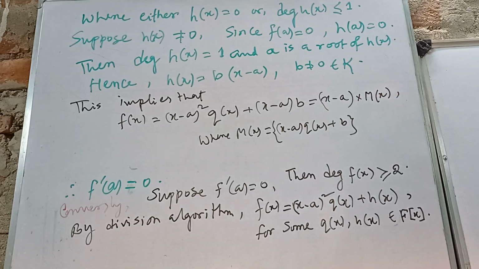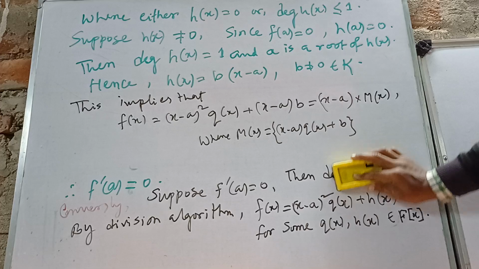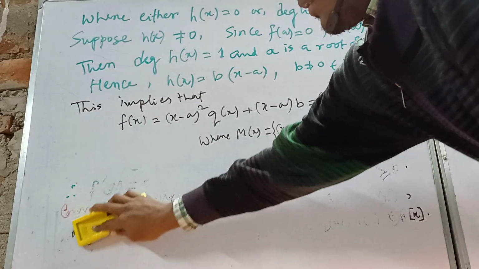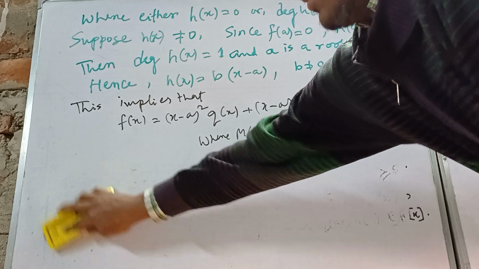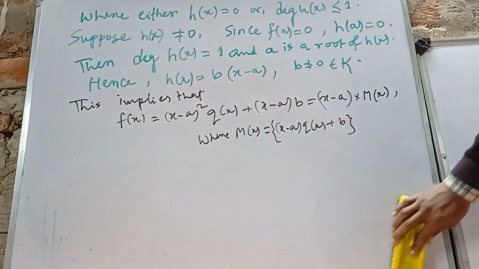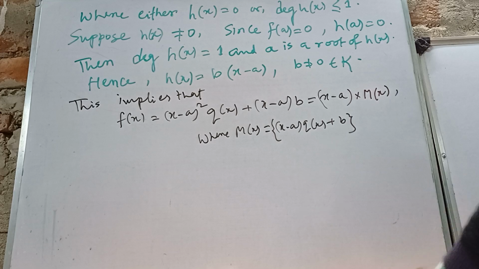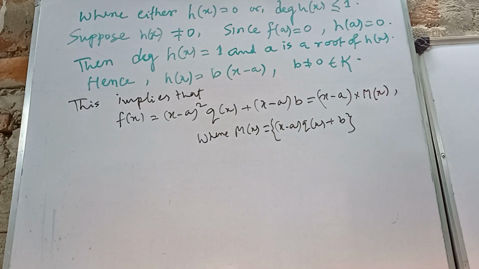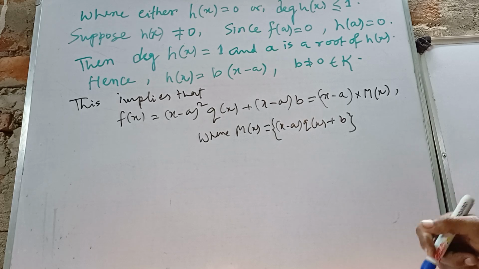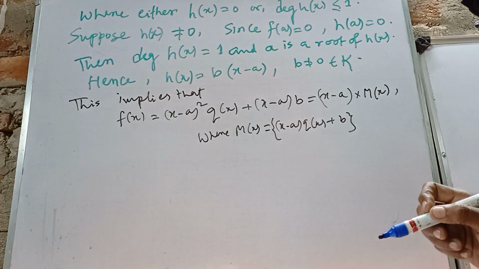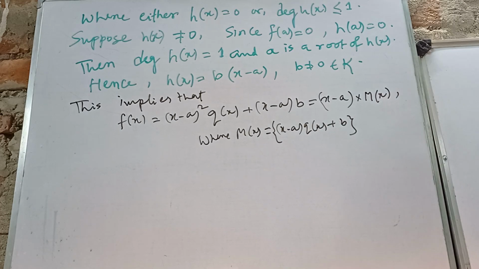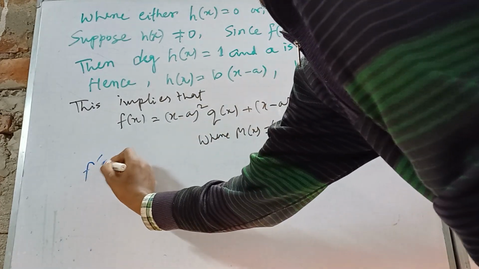Now what happened here? That means we also get this f(x). Now we also use f dash a equal to 0. That means we first evaluate f dash x.